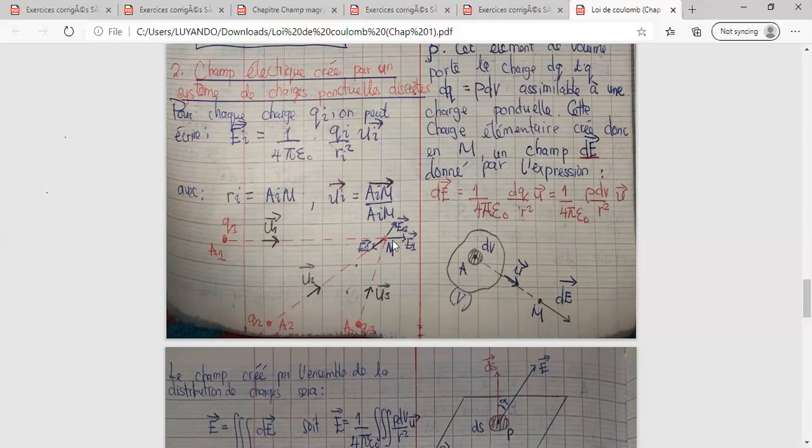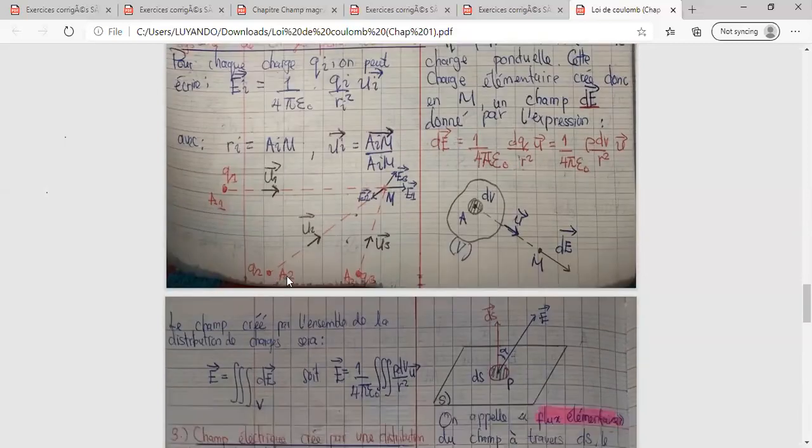Forgive me. So we have Q1 at the point A1, then Q2 at the point A2, and then Q3 at the point A3. So they've given us 3 charges. Let me get my spotlight. We have Q1 here at the point A1, Q2 at the point A2, and Q3 at the point A3.